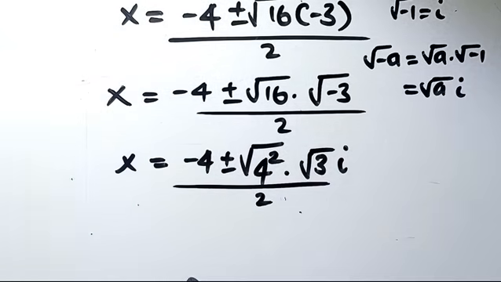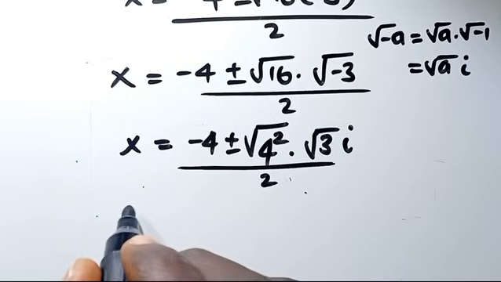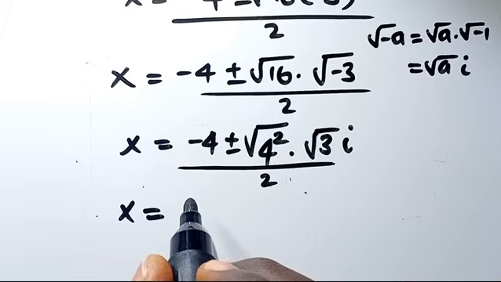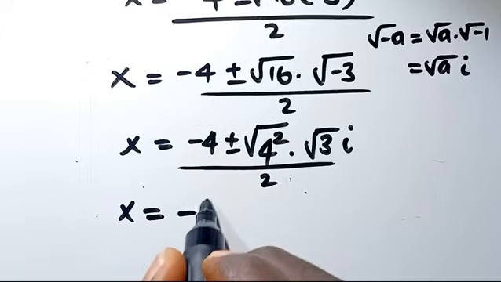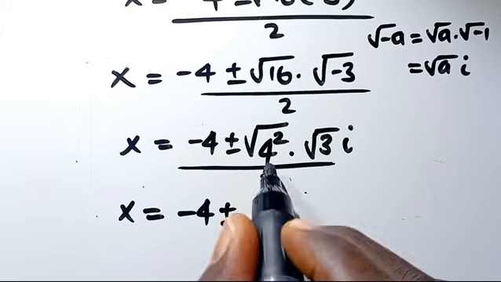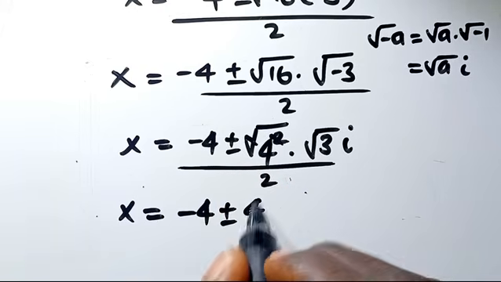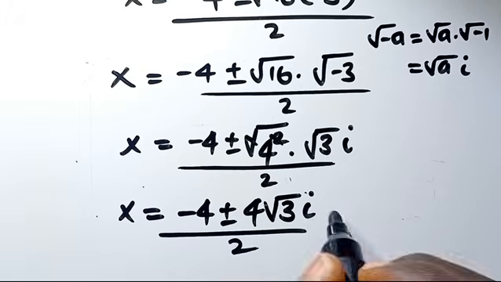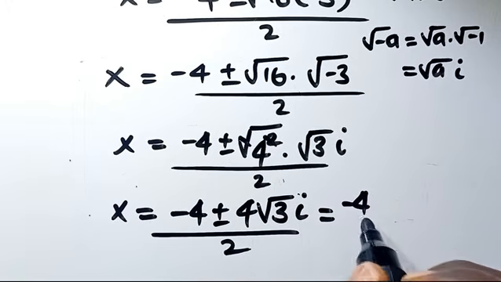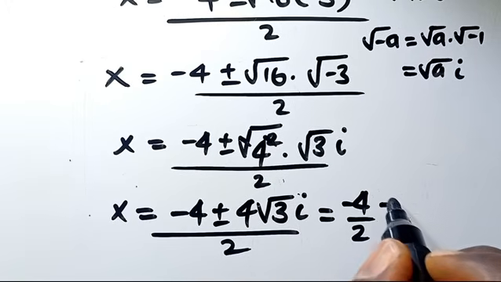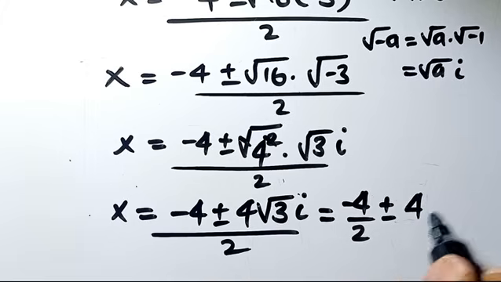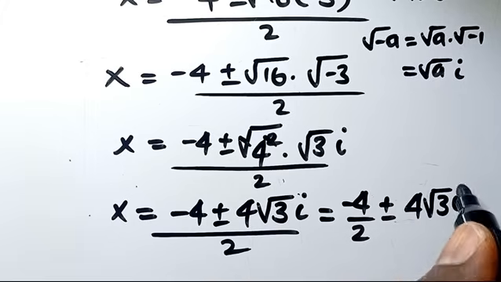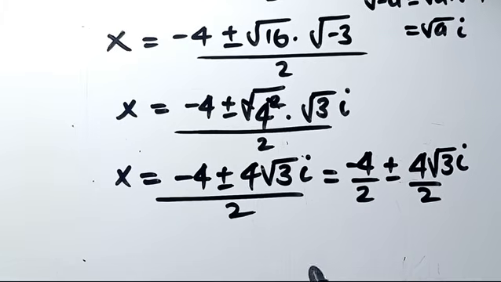Now, we have x = −4 ± 4 multiplied by √3 i, all over 2. This will be −4 over 2 ± 4 multiplied by √3 i over 2.